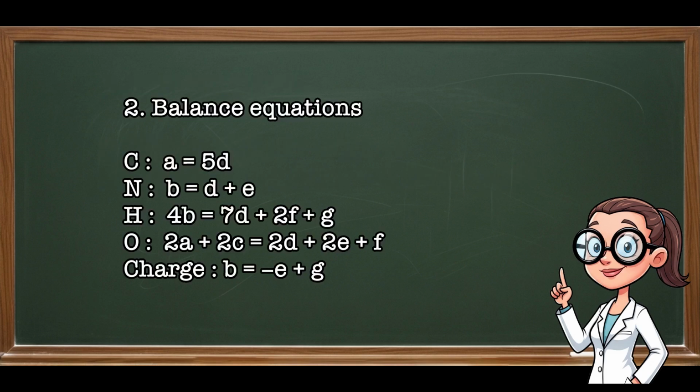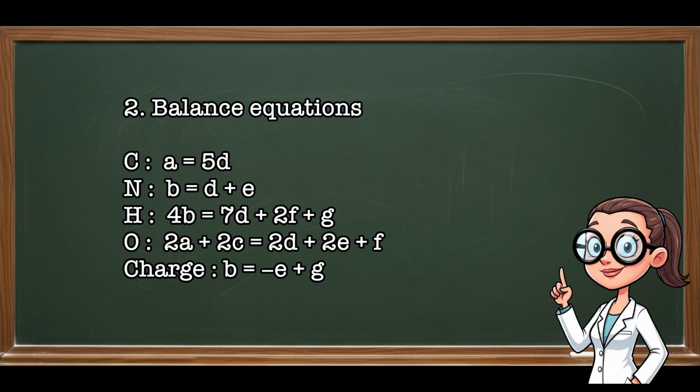Set up equations for each element and charge. For carbon, we get A equals 5D. For nitrogen, we get B equals D plus E. For hydrogen, we get 4B equals 7D plus 2F plus G. For oxygen, we get 2A plus 2C equals 2D plus 2E plus F.